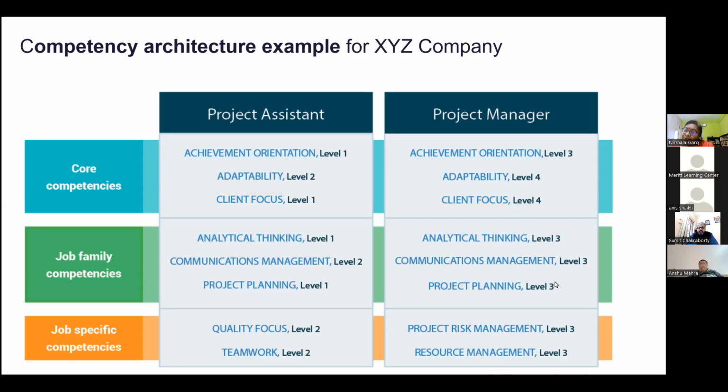So what am I trying to say? If you are an HR, for example, I'm so sorry, I'm taking Anshu because I know his designation. He's a CHRO, he is an HR head. So what will happen if I'm looking at his competency framework and his senior manager's competency framework? His core competencies will be the same, but he will have a higher level and his subordinate will have a lower level.